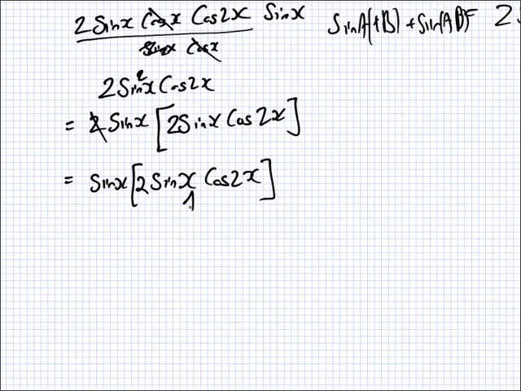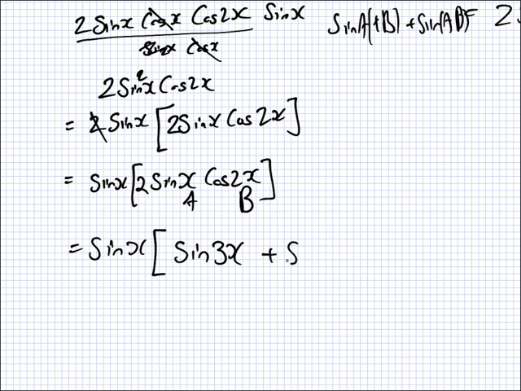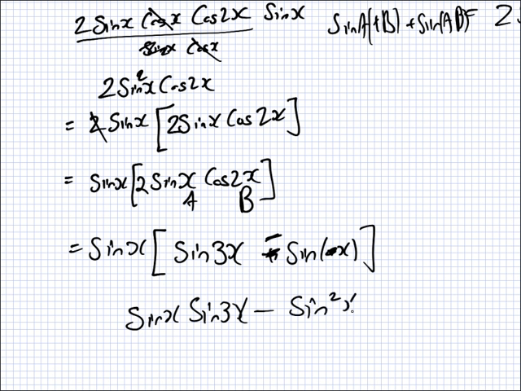I have 2 sine A cos B, so that's equal to sine x, sine A plus B, so that's 3x, and then sine A minus B, which is plus sine minus x. Now you can take the minus out. Does that match one of them now? Sine squared x. Sine x, sine 3x minus sine squared x. And it matches B now.